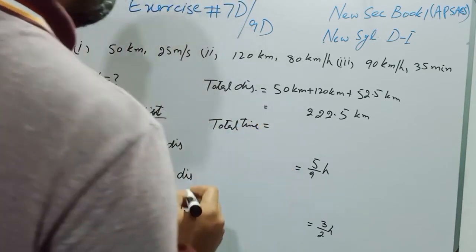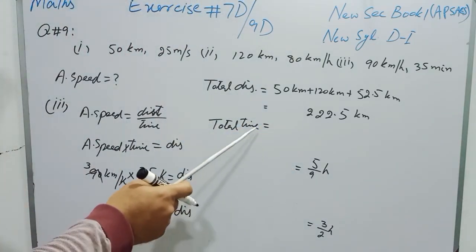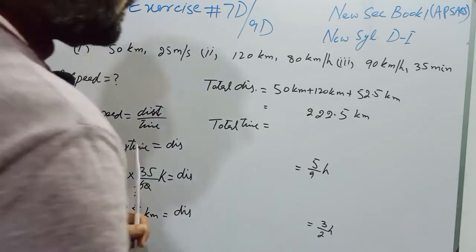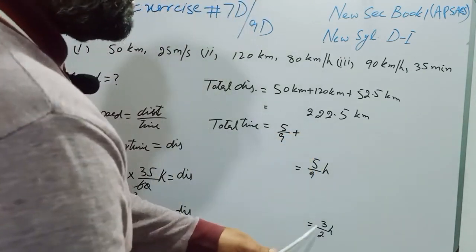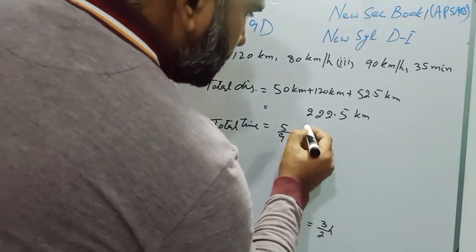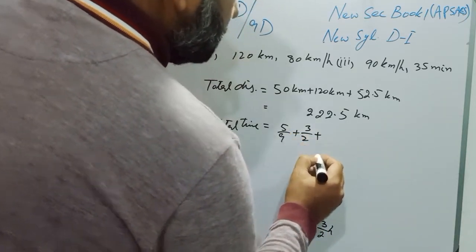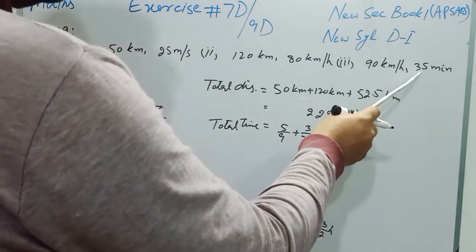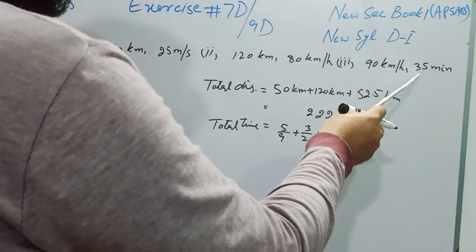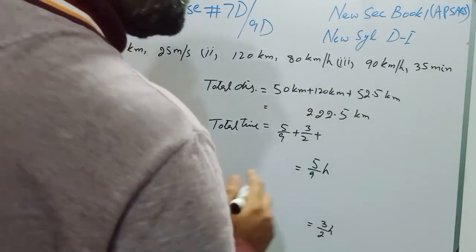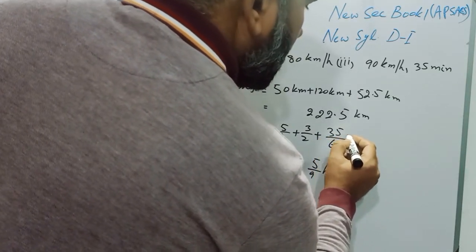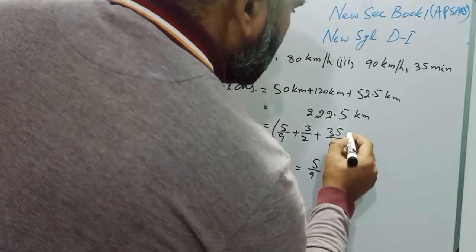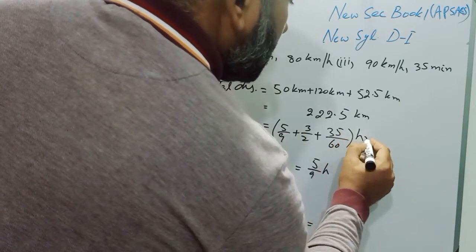and that is, for the first part of the journey, the time is 5 over 9 hour, plus for the second part of the journey, the time is 3 over 2 hour, and for the third part of the journey, the time is 35 minutes. So I will convert 35 minutes into hours, as all the times are in hours.